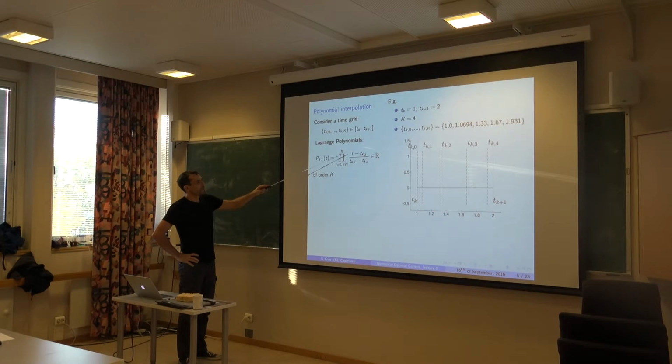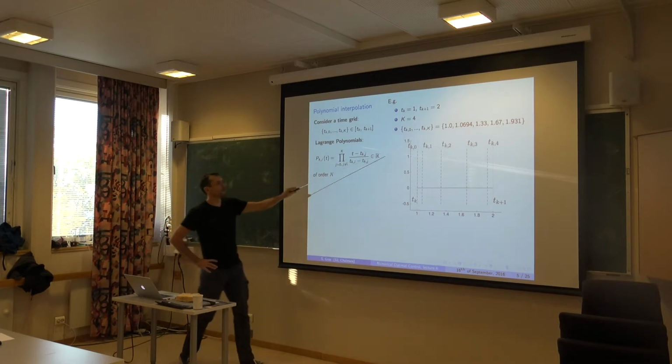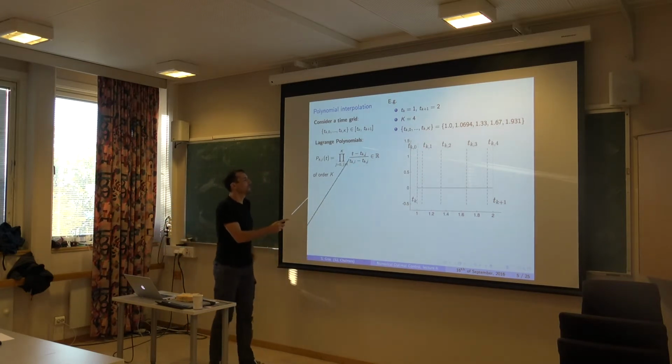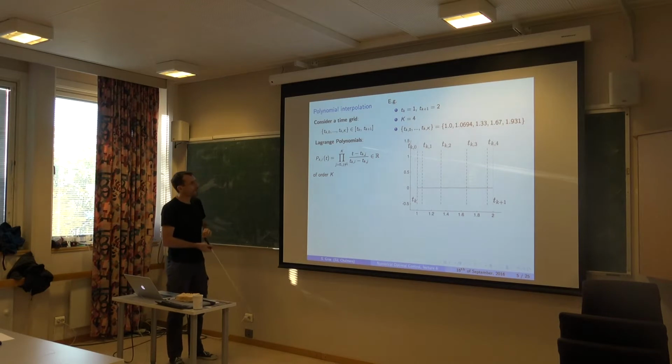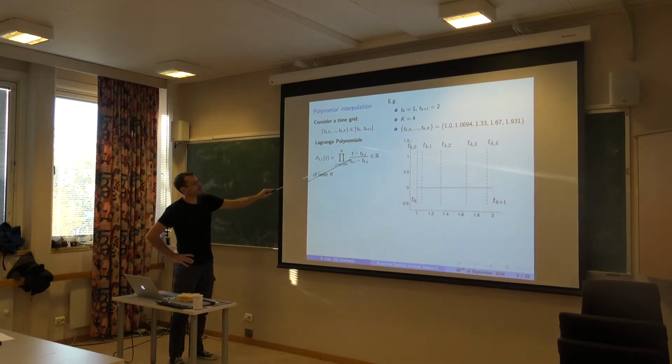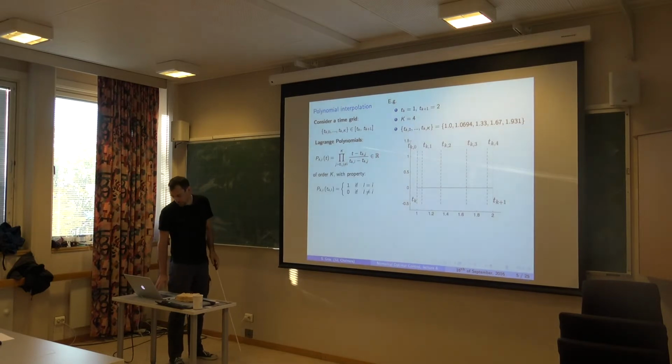You take all your time points, which are given in this list, and you do (t minus t_kj) over the corresponding denominator, and you take a product of all these terms, omitting the index that would create a 0 in the denominator. You have a family of them for i going from 0 to K, which changes the j you omit, so you get a family of polynomials.